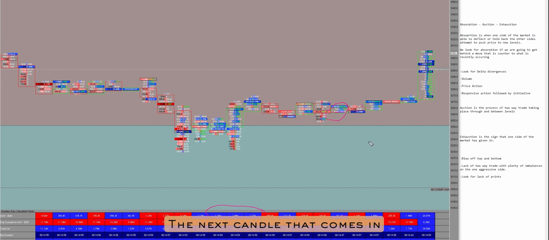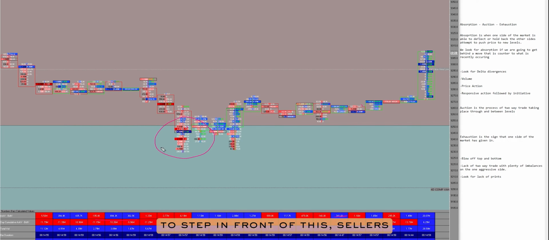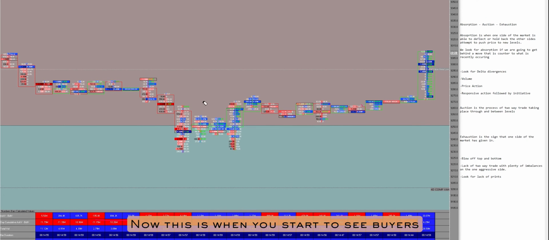The next candle that comes in with the negative delta is 4 times that volume, but unable to again move price in any way down. So we're seeing right now a passive response by buyers to step in front of this. Sellers no longer willing to sell passively at this level, and now an initiative response outside of this level. Now this is when you start to see buyers sort of catch on.